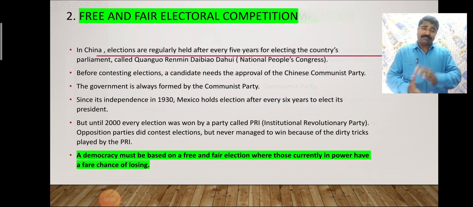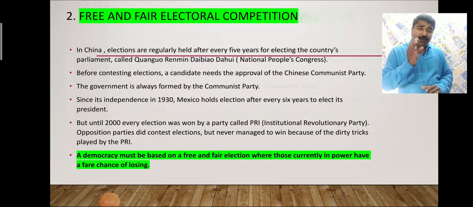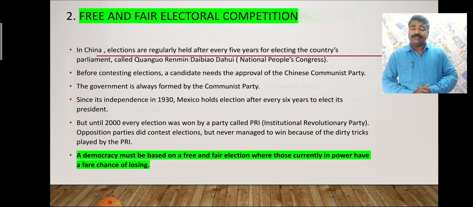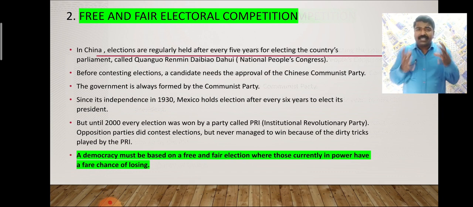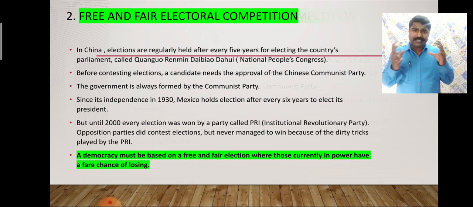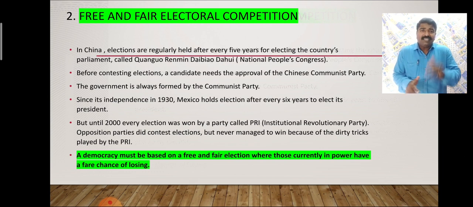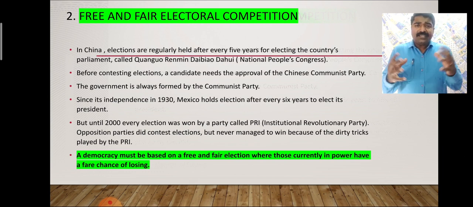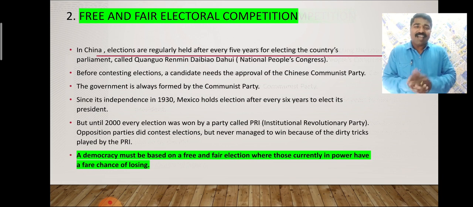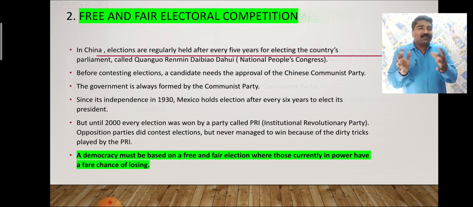Next feature: free and fair electoral competition. In order to understand it, we analyze two cases. The first is China. In China, elections are regularly held every 5 years to elect the country's parliament.